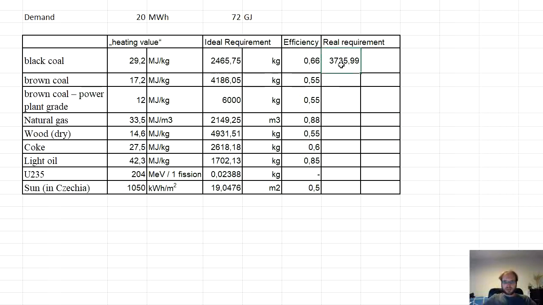So we go back to our problem, and yeah, we get the actual requirement with this simple formula. Just for the uranium, we don't consider any efficiency because you anyway would not use uranium fuel for heating up your home, but it is mostly to see the extreme difference between amount of other fuel and resources compared to the very small amount of nuclear fuel.